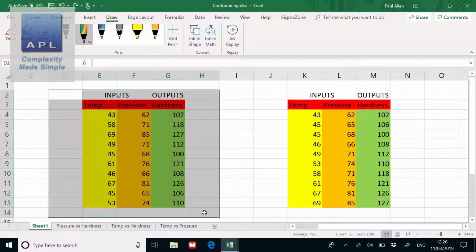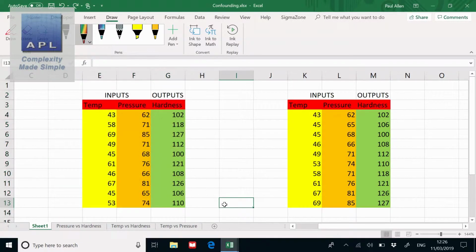You actually can't see the fact that temperature and pressure are linked together. They are confounded. They are moving from low to high at the same time, and we are double counting the effect.